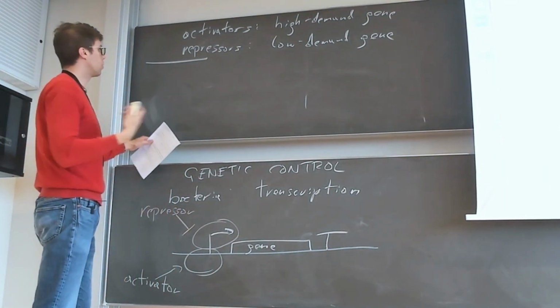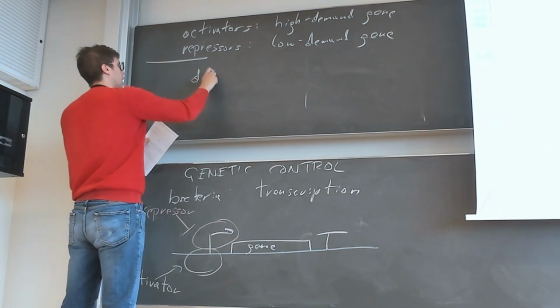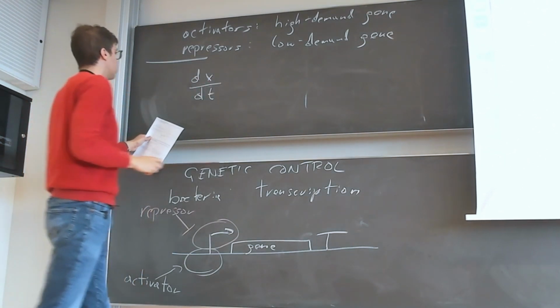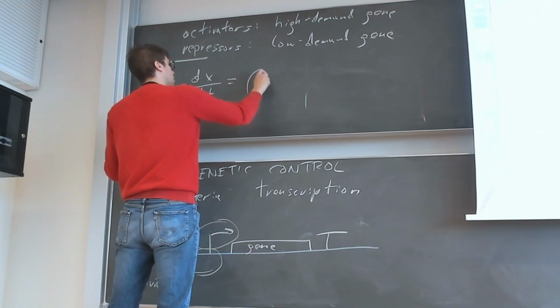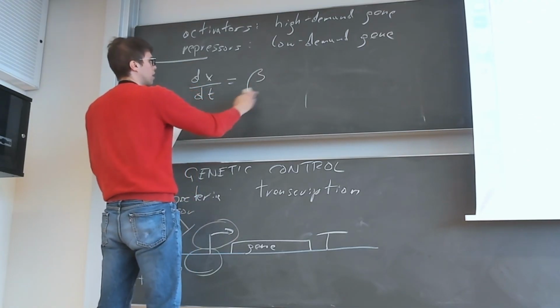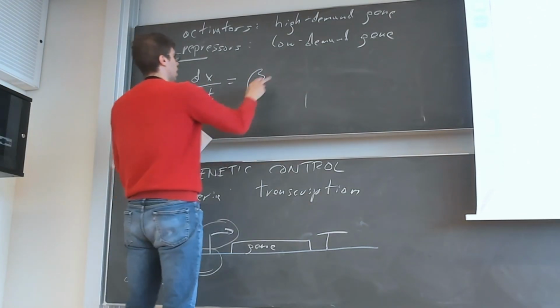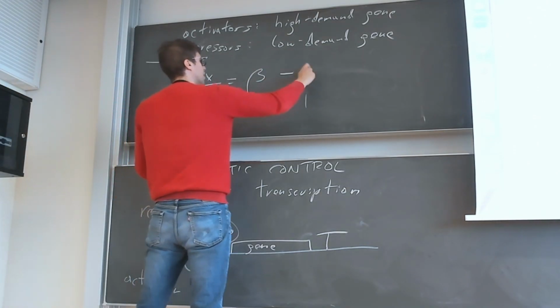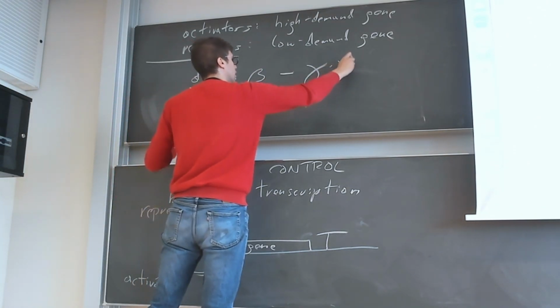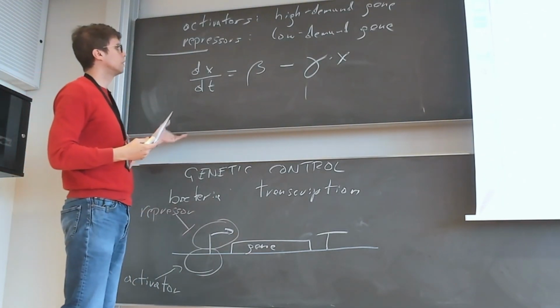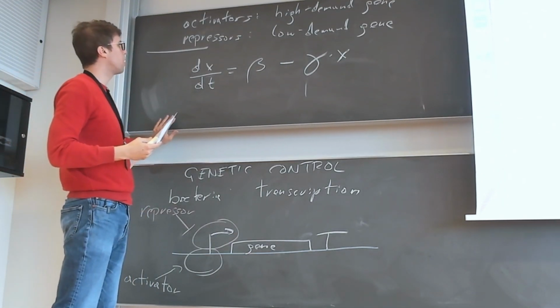We start out with a model that we've already seen in the first lecture, which is just this constant production rate of a gene. So let's say X is our protein concentration, and we just have some beta, and with some degradation rate gamma. There's no control going on at the moment, it's just production.